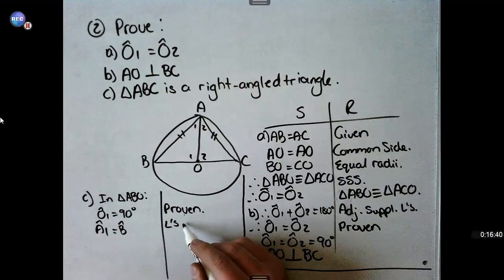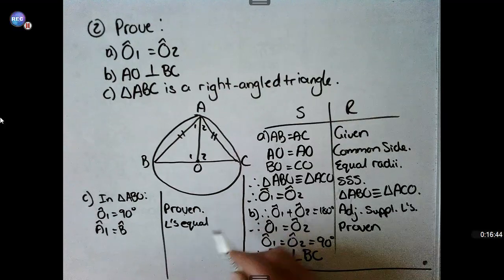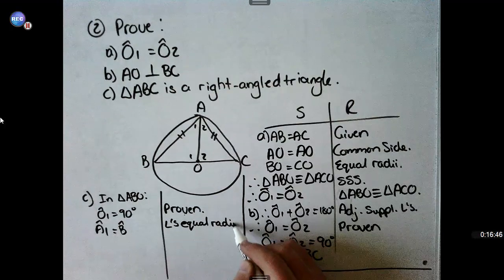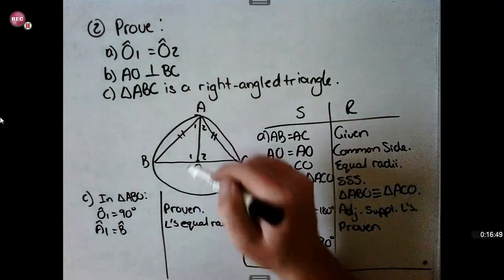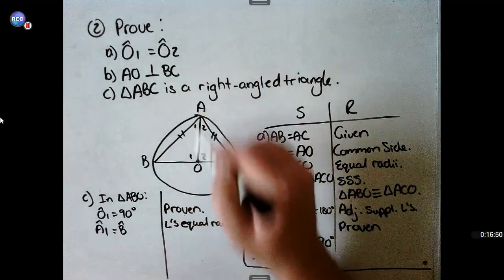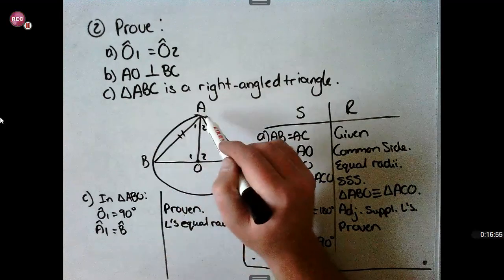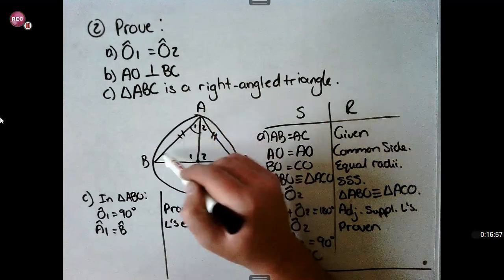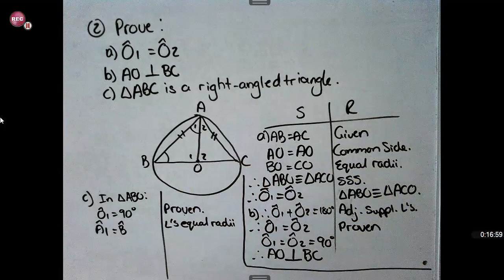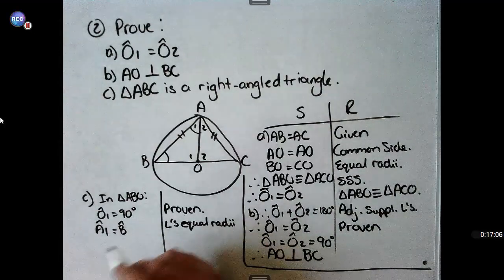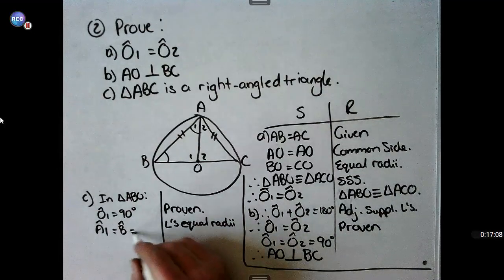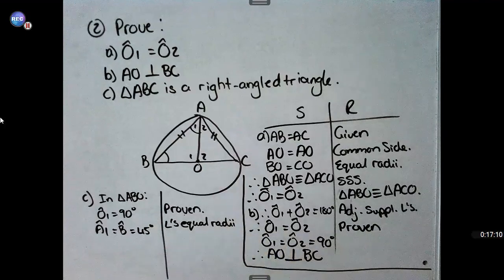Angles of equal radii. So because they've got the same distance going from the center and the hypotenuse closing the two, these two angles should be exactly the same. Okay, which then tells us that A1 and B1 are both equal to 45 degrees.